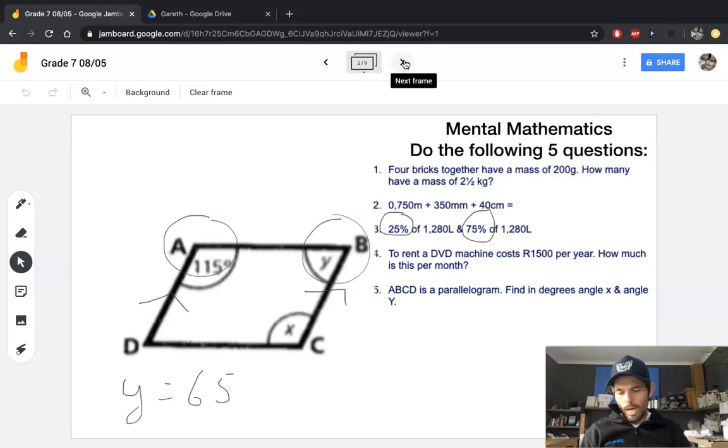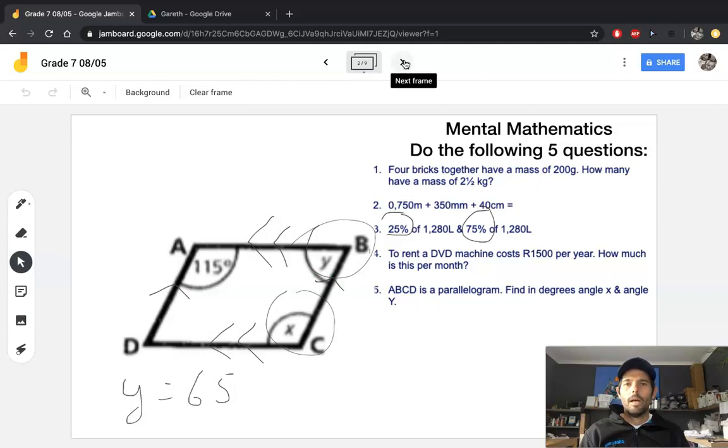If Y equals 65, then we know that this angle Y plus angle X are supplementary because these 2 lines are parallel. Okay, and we can put a double arrow there to show that they're different to the other pair of lines. And what do we add to 65 to get to 180? X must equal 115.